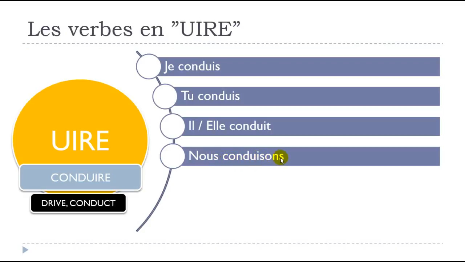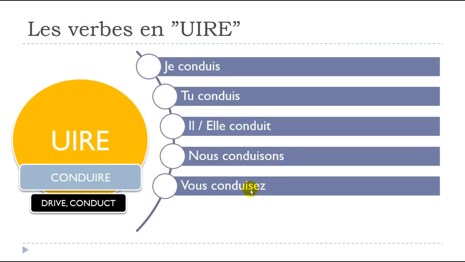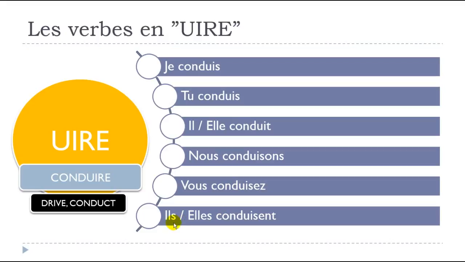The good news is that it will stay for vous, vous conduisez, and also for ils, elles conduisent. One more time. Je conduis, tu conduis, il conduit, elle conduit, nous conduisons, vous conduisez, ils conduisent, elles conduisent.